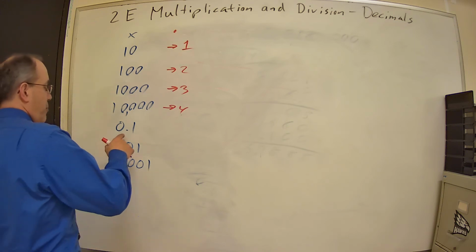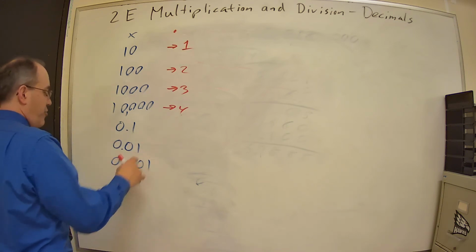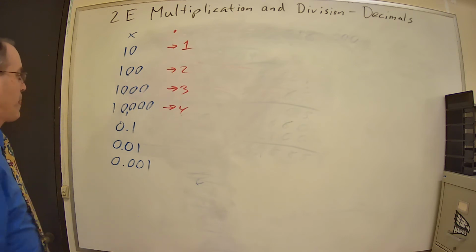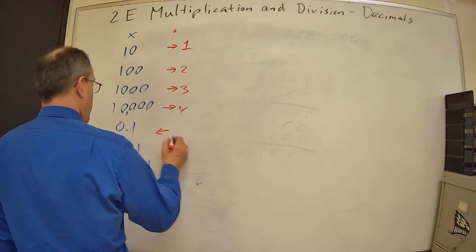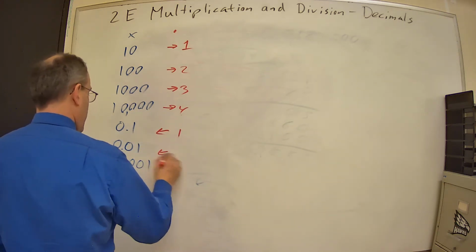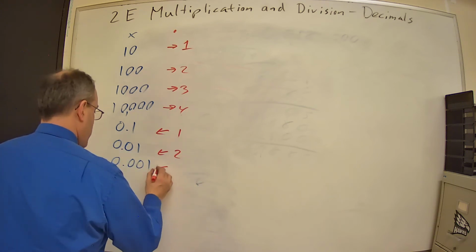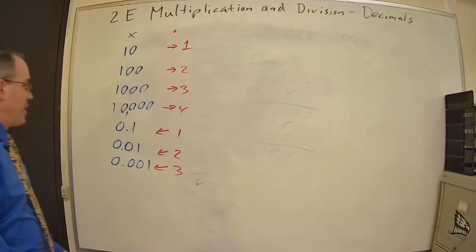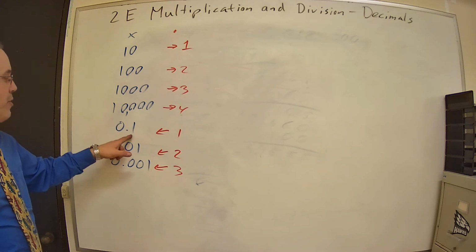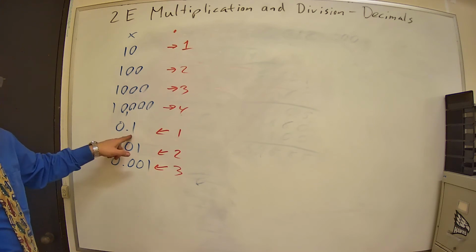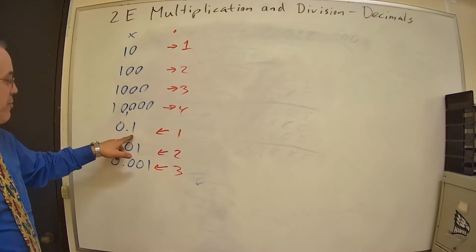If you're multiplying by 1/10, 100th, 1,000th, it's going to move to the left by 1. Move to the left by 2. Move to the left by 3. And notice again, that's the number of decimal places to the right of the decimal.